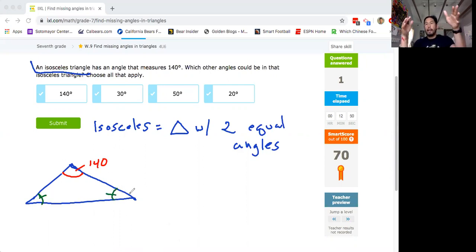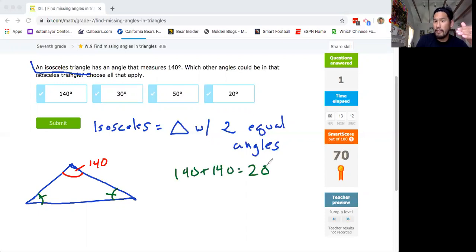Now, the reason why I put the 140 degrees at the top is because this 140 degrees has to be the third missing angle. It can't be one of the two angles that are the same, because 140 plus 140 equals 280. And we know that a triangle only has 180 degrees total.